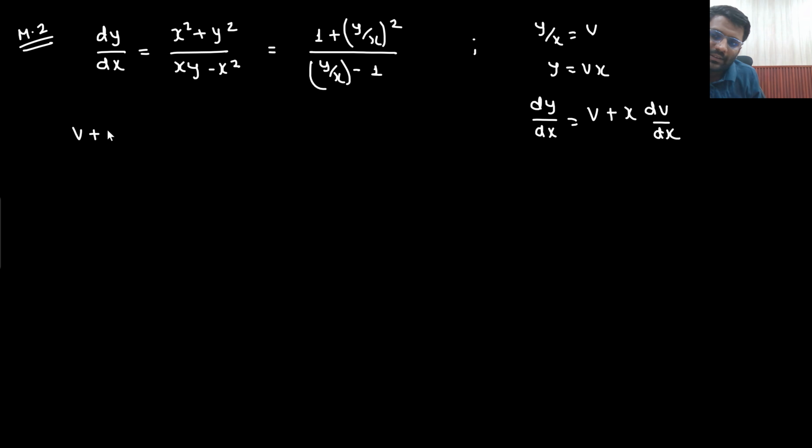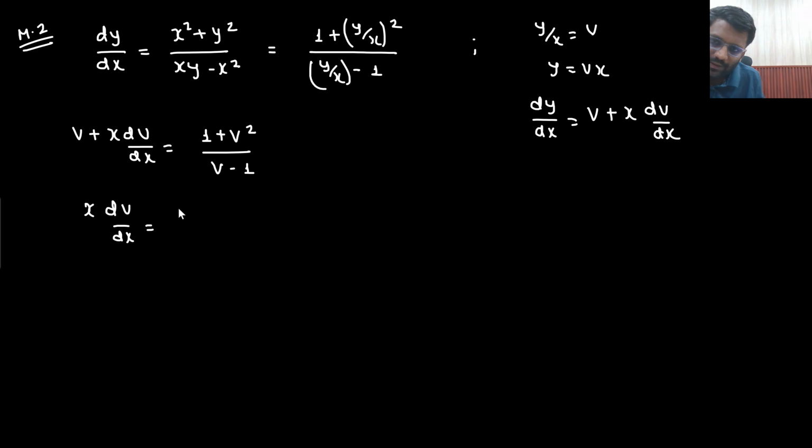So v plus x dv by dx equals (1 plus v square) upon (v minus 1). So x dv by dx equals (v square plus 1) upon (v minus 1) minus v.